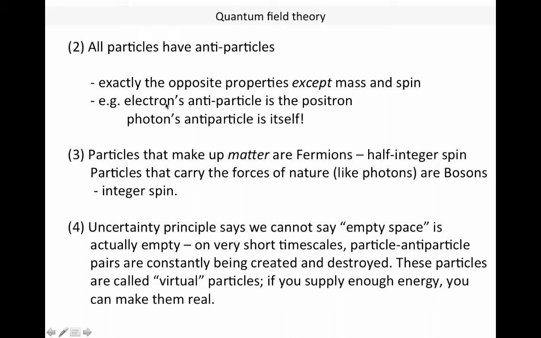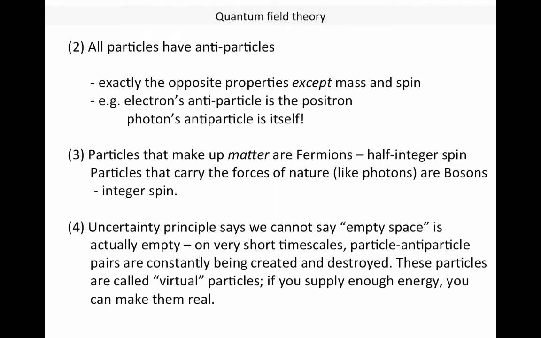An electron's charge is negative, of course, so an anti-electron is positive, and we call it a positron. The photon has no charge, which means an antiphoton is the same thing as a photon. The third consequence of quantum field theory is that particles that actually make up matter, everything around us, are fermions.